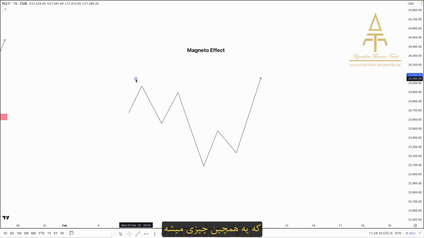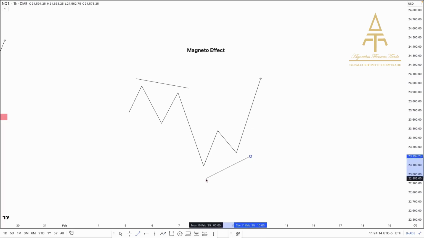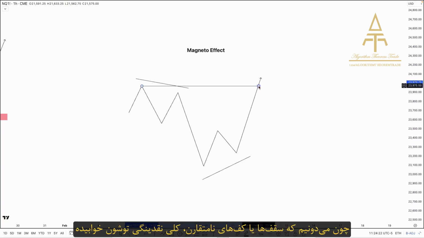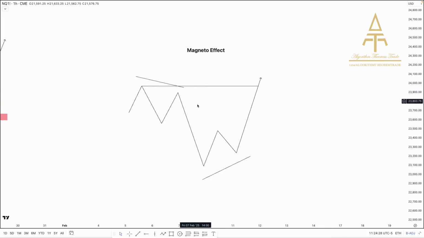So it will look something like this. And then this first SMT will act as your draw on liquidity, because we understand that unsymmetrical highs or lows hold a lot of liquidity.